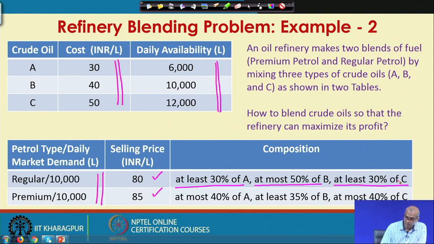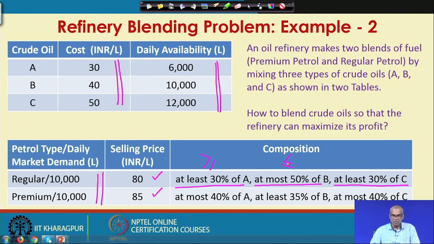So, when it is stated at least 30% of A, it means greater or equal to 30% of A. When it is stated at most 50% of B, it means less or equal to 50% of B. So, this needs to be taken care of.